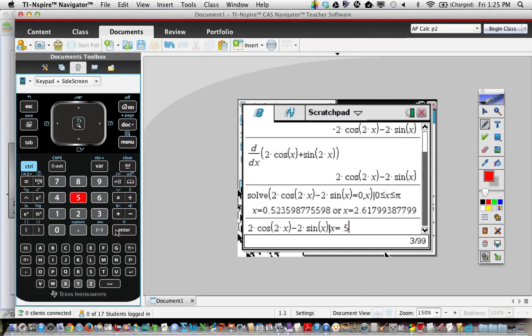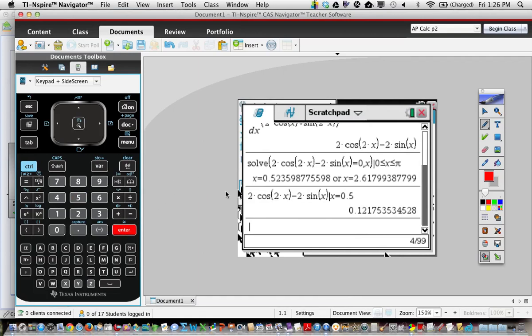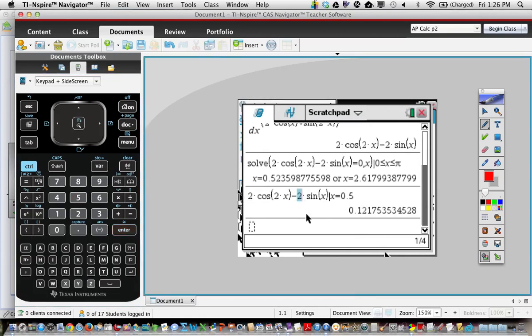Now the nice thing about doing this is when I hit enter, I can now arrow up and grab this again and just change the 0.5 to a 2. And then I can go up and grab it and change the 0.5 to a 3. I don't have to type that in every time. So it's a little bit shorter.